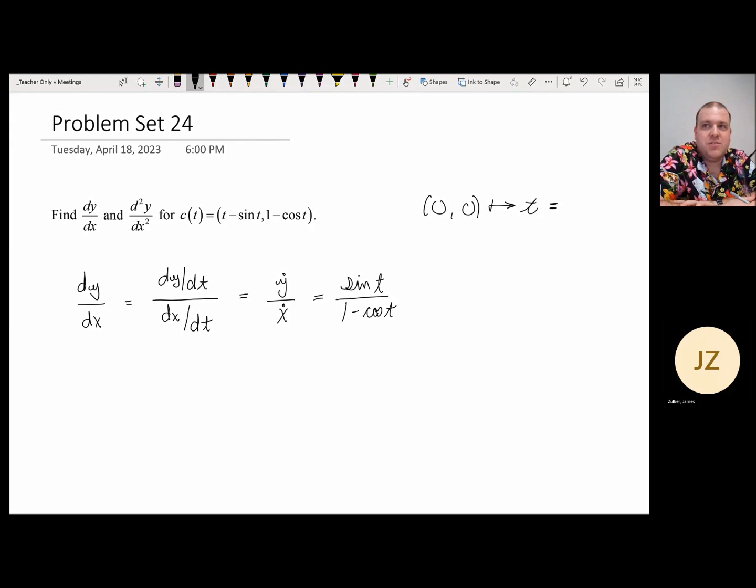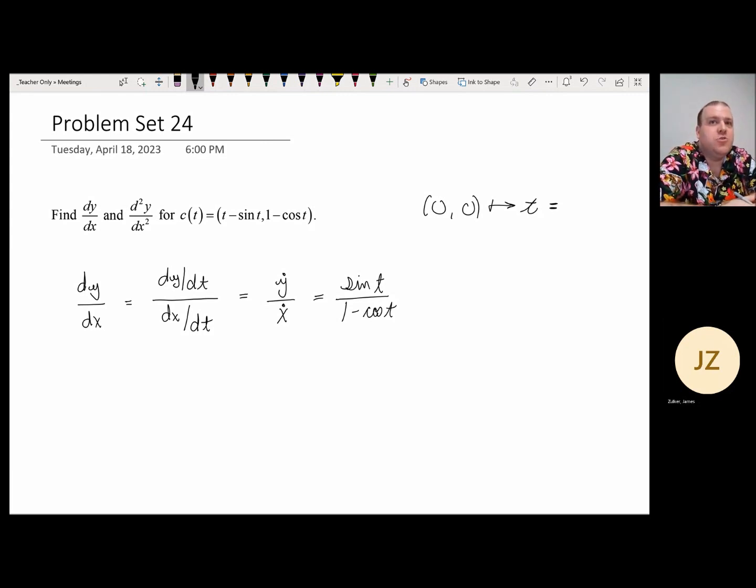Is that the only possibility for t? In order for cosine to be equal to 1, 2 pi, what else? Any multiple of 2 pi. Of those solutions, you also have to have t minus sine of t be 0.